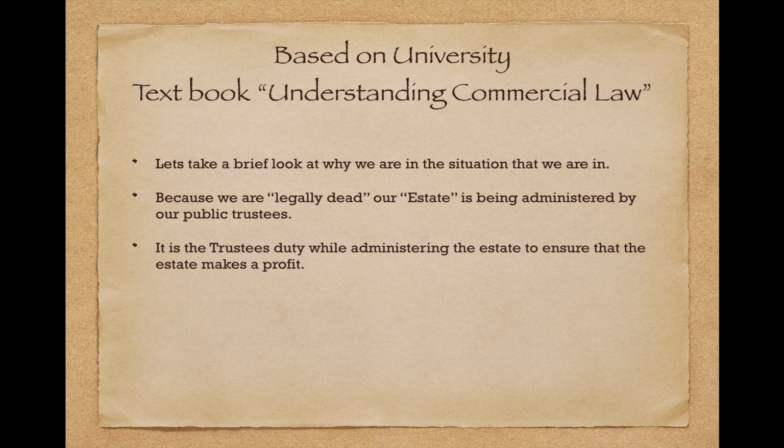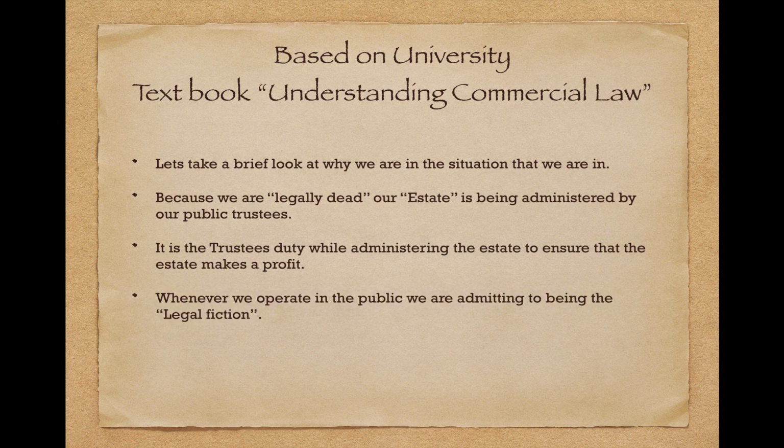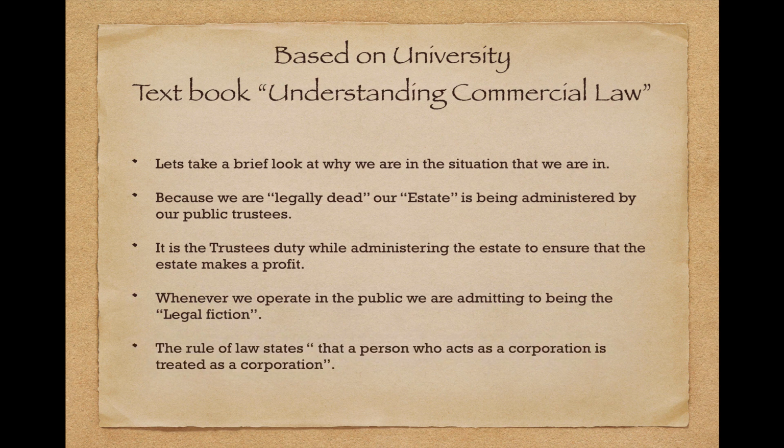So the administrators of our estate, or that's the name that we've been operating under, and keep going back to the born identity. When we keep operating under that, we're an estate and they have to administer our estate, and so they have to make sure that we get a profit. Whenever we operate in the public, we are admitting to being the legal fiction, and that's where we keep going wrong. So under administration, you need to understand what administration is all about.